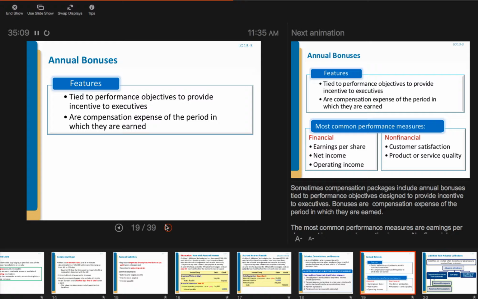Annual bonuses have existed forever, but they've become more and more prevalent over the last 10 or 15 years, especially when you're talking about CEO-level employees, because the Securities and Exchange Commission has limited the amount of compensation you're allowed to pay a CEO and have it be deductible.